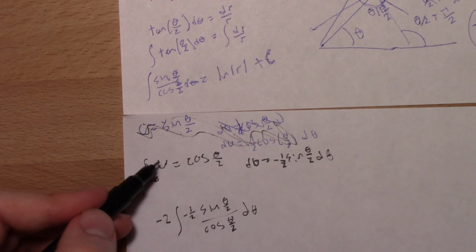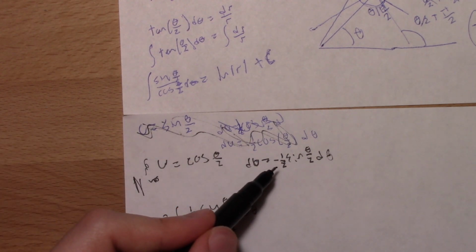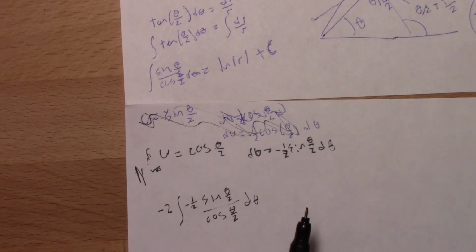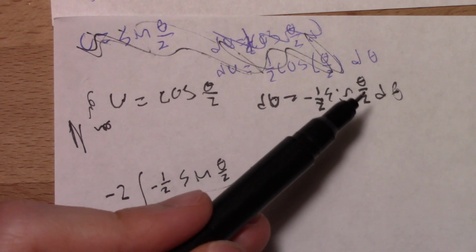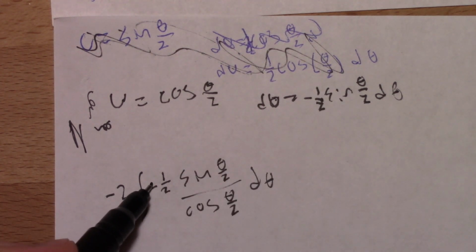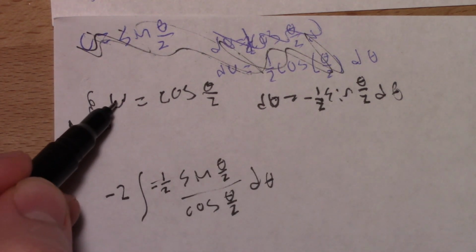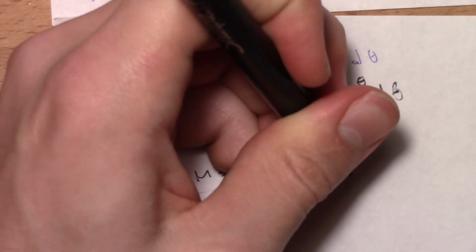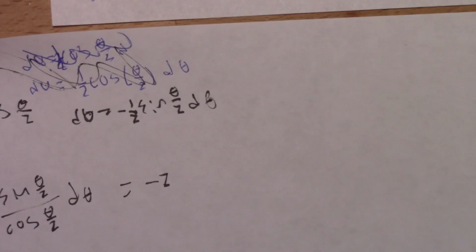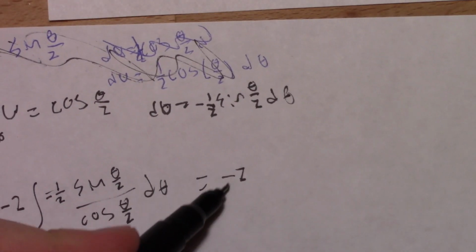Okay? du is negative 1/2 sine theta over 2 d theta, which is right here. u is cosine theta over 2. So this equals negative 2. This is, by the way, the negative that I was confused about.